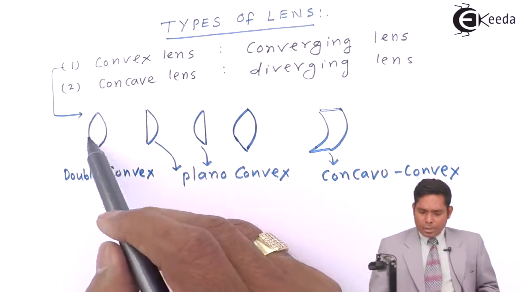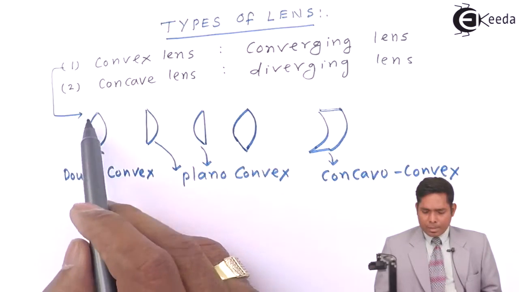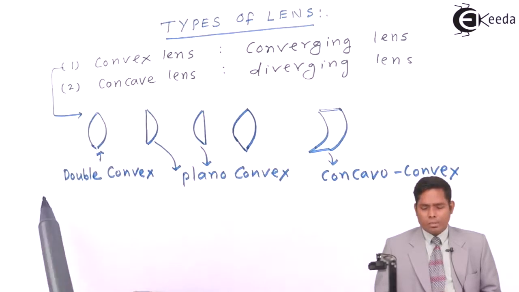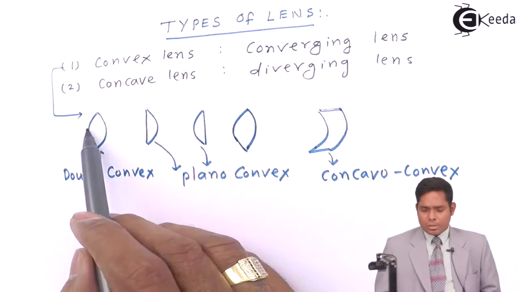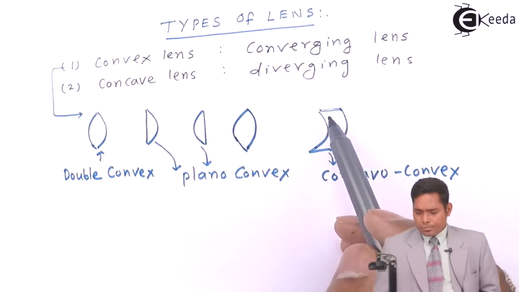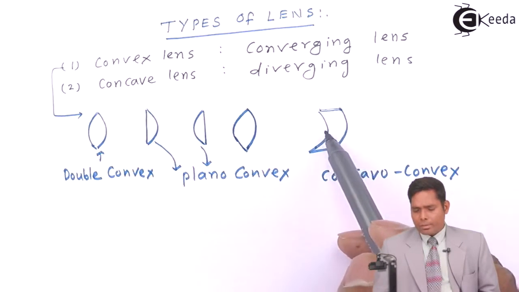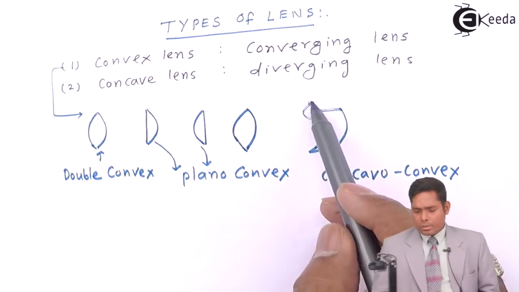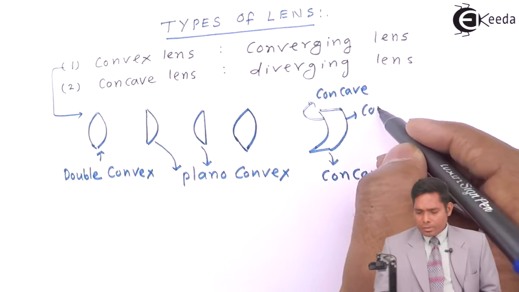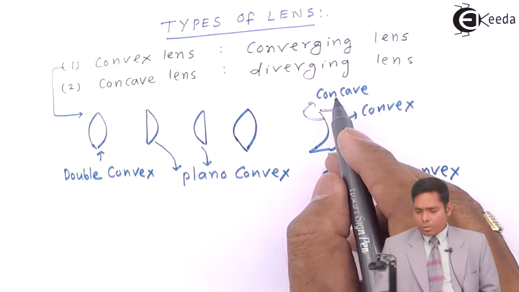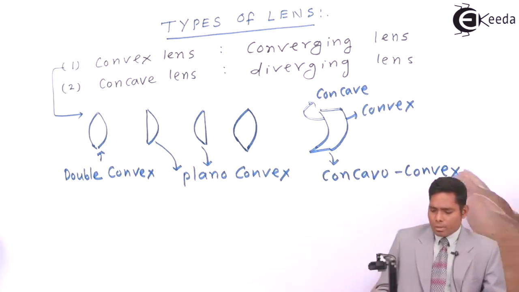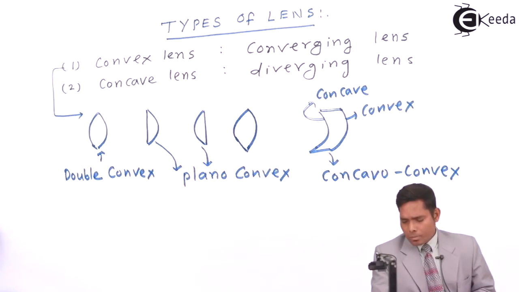Here, if light comes like that, it behaves like a convex surface. If light falls from this side, this also behaves like a convex surface. This is convex and this is concave. So one side is concave and the other side is convex, therefore the name concavo convex.